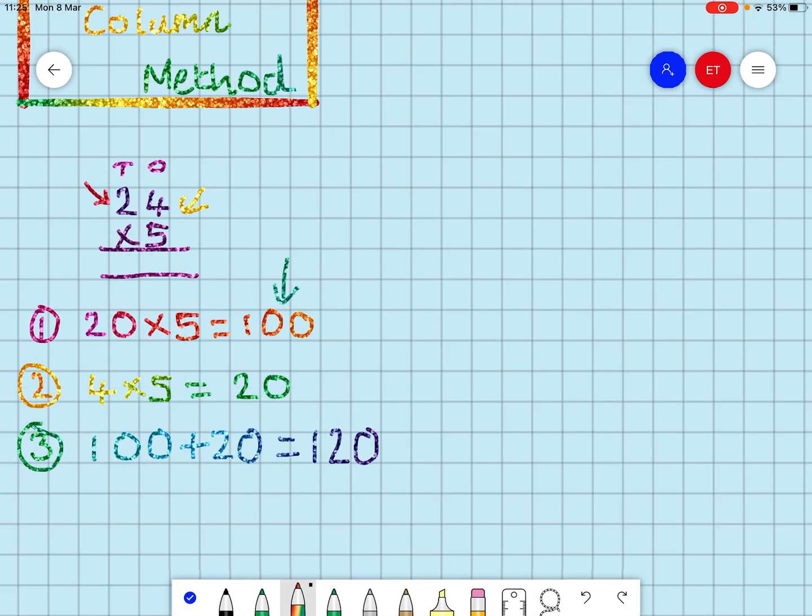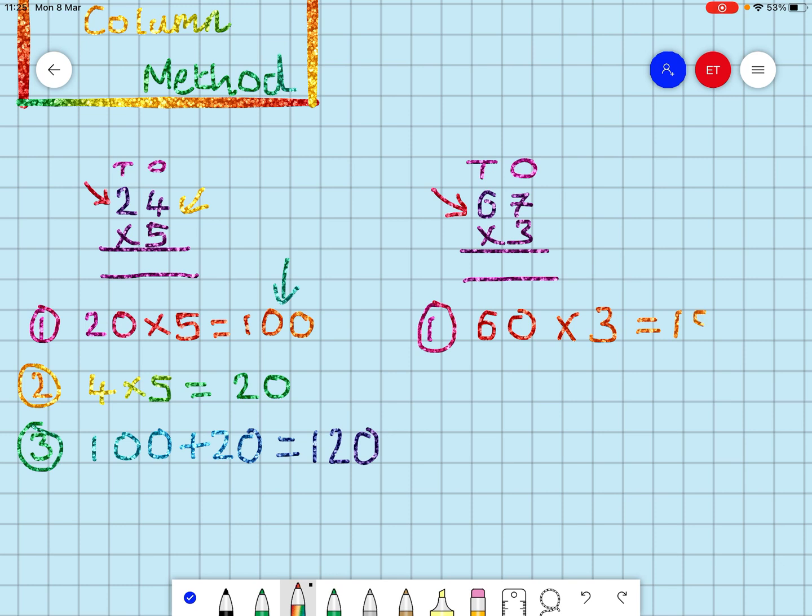So let's do 67 times 3. So again, we're going to start with our 10s column first. Remember that's 60, not just 6, because it's in the 10s column. 60 times 3. Well, we know that 6 times 3 is 18, but it's 60 times 3, which means it's 10 times that amount.